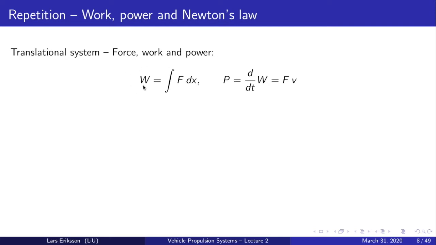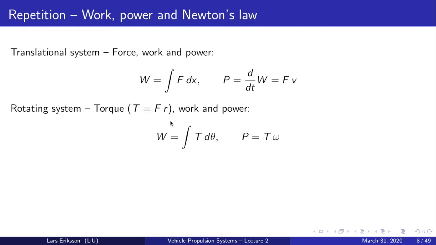We have work here, then we have another component which is power, and the power is the time derivative of the work that we're taking out. If you look at the translational system, the power that is transmitted at the wheels is the force times the velocity of the vehicle.